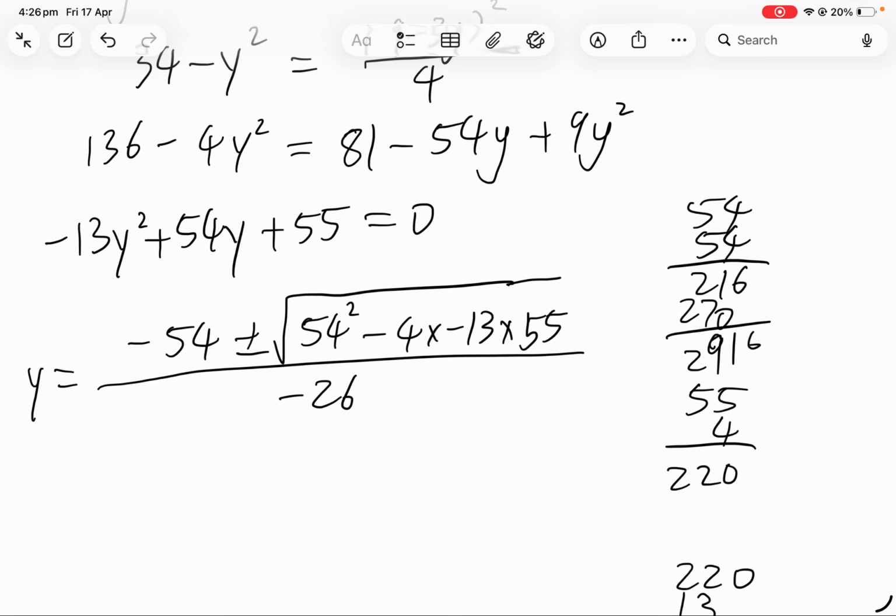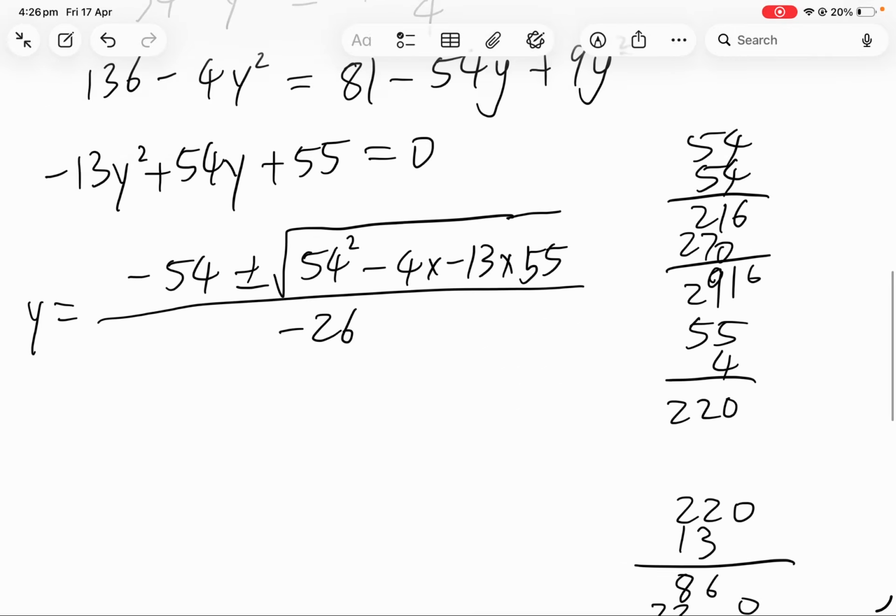So basically it will be 54 squared plus 4 times 13 times 55. Oh, we're supposed to get 5776. Oh, 5776.